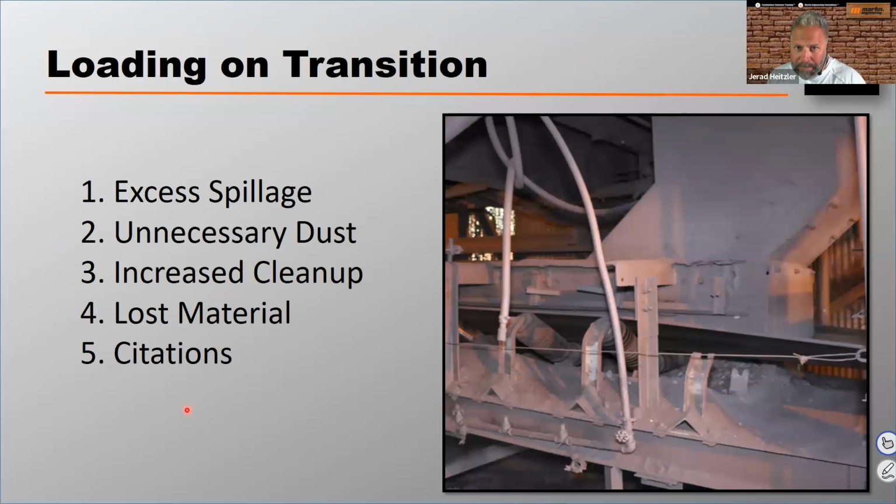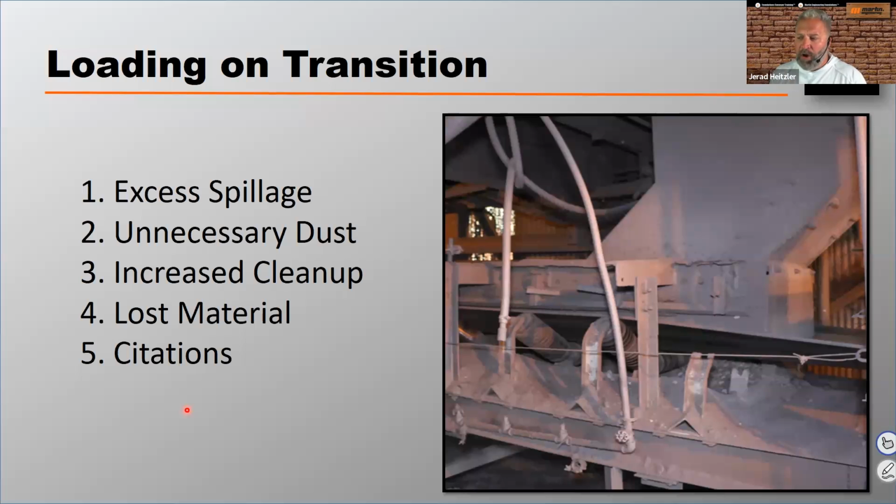The other problem, and this might be even more significant, is when conveyors are designed and they're being loaded on that transition. The conveyor should be built in a way that the belt is fully troughed before it's loaded.